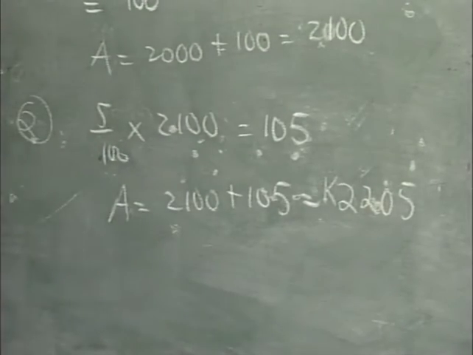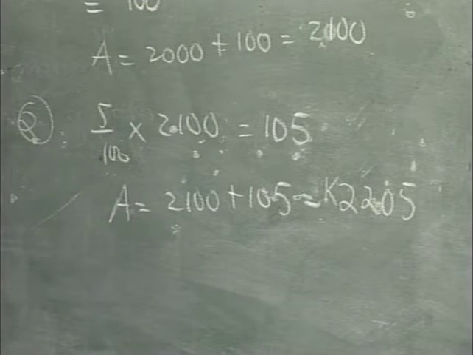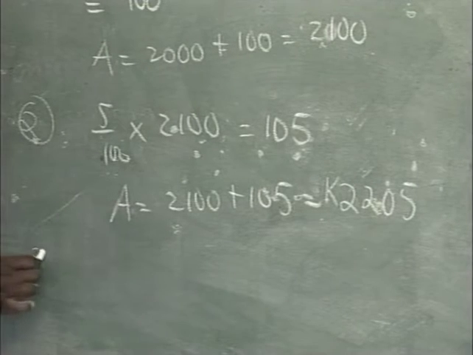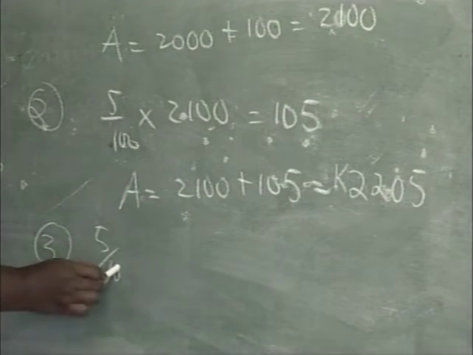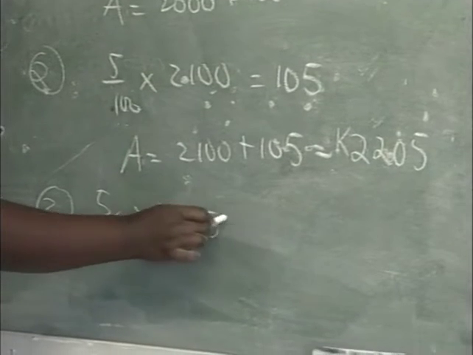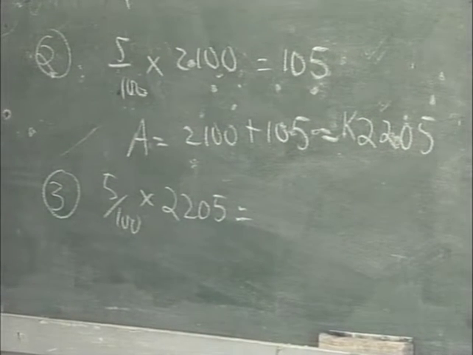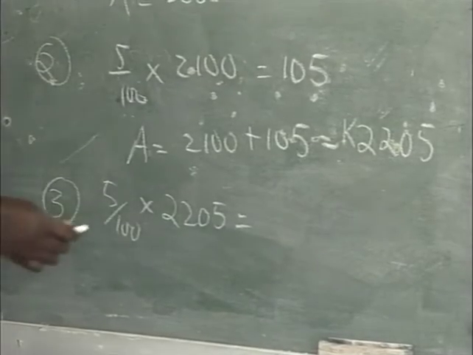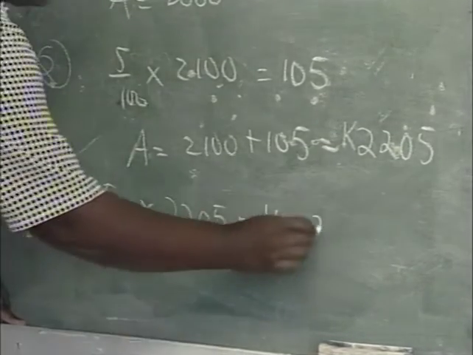This is a really good way to invest money, but whether the banks allow you to do that, I don't know. And then in the third year, you get 5% of 2,205, which is not very easy for me to calculate. 110 kina, 25 toya.